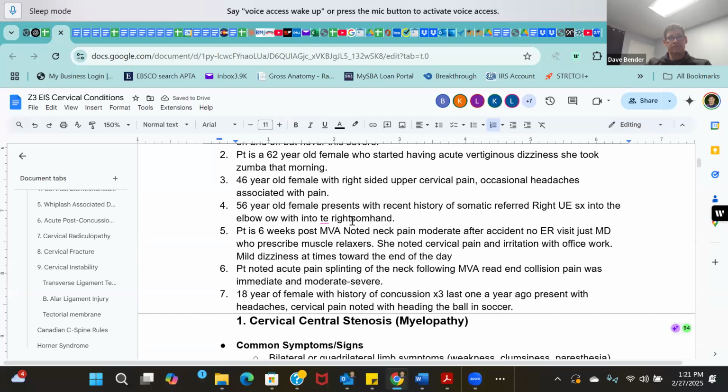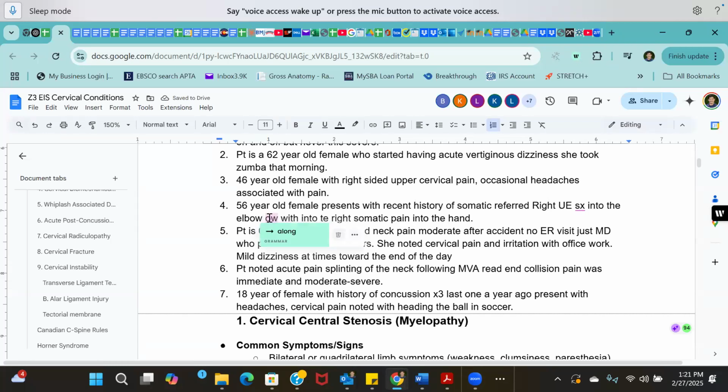What are you thinking, Paul? Okay, so just the symptoms down into the right hand, I'm thinking probably more referred pain versus radicular pain. No acute onset.